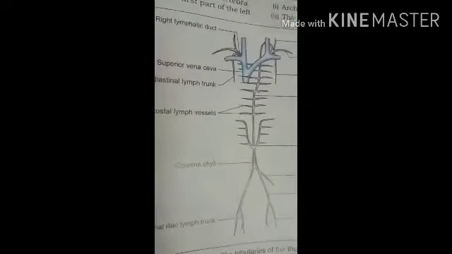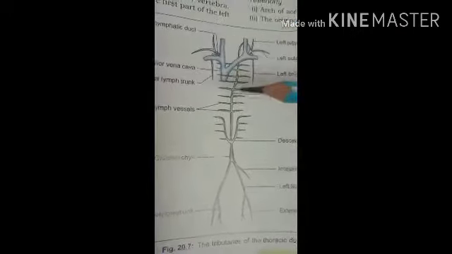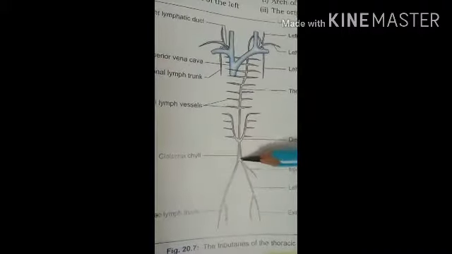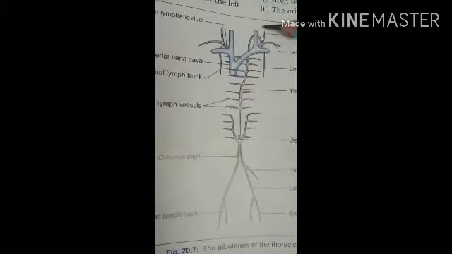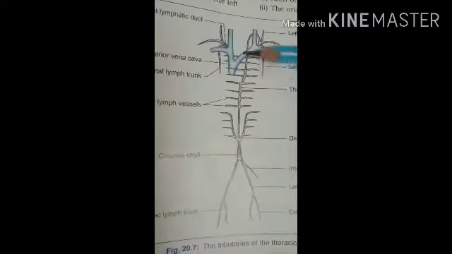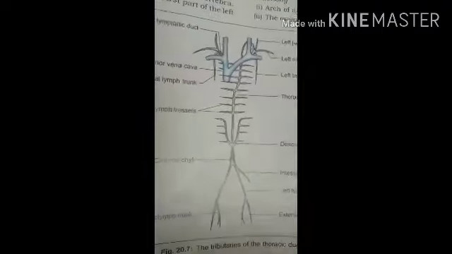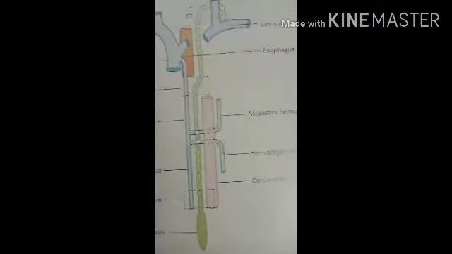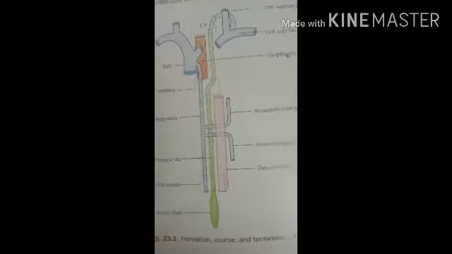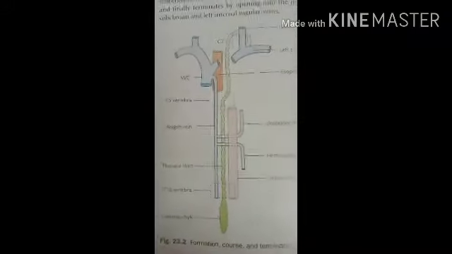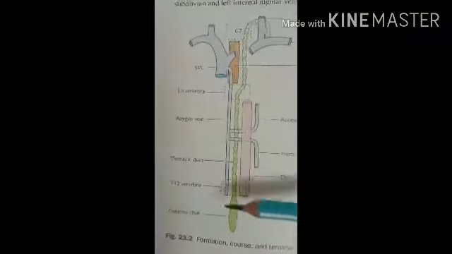After that we have to see the thoracic duct, the largest lymphatic vessel. Let's look at another diagram. In this diagram you can see the thoracic duct, the largest lymphatic duct.